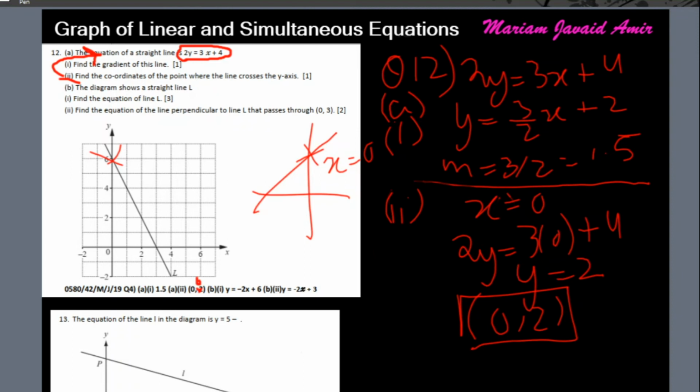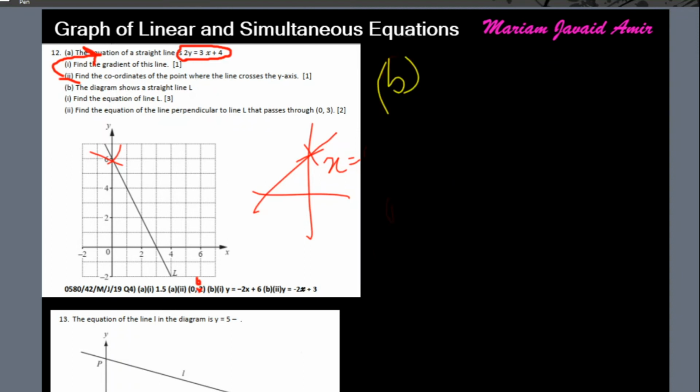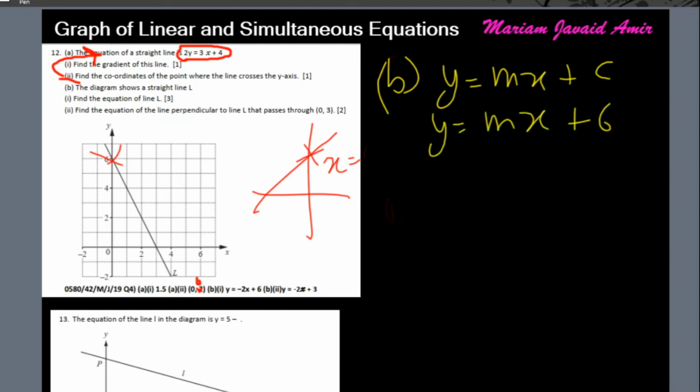Let's do part B now. Part B, the diagram shows a straight line L, find the equation of L. So the equation is y equals mx plus c, the general form. c is very clearly 6, c is where the graph cuts the y-axis. Now let's see the value of slope. So we need a nice rise over run.